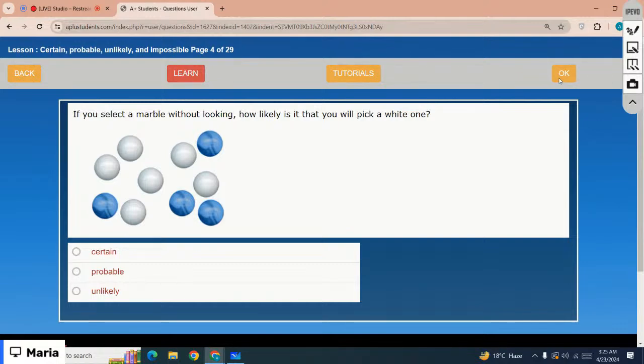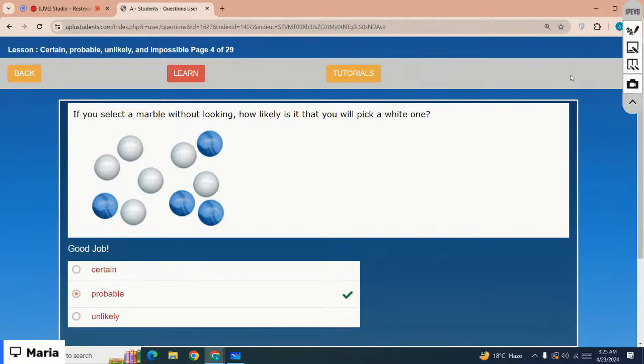The correct option is probable. It will probably land on white because you have four blue and six of them are white, so it will probably land on white. Very good.